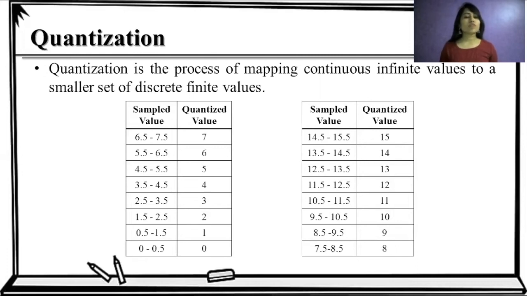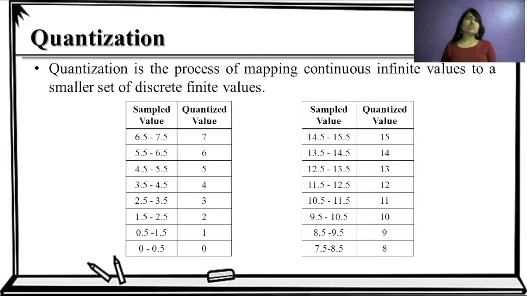So 0.5 to 1.5, any number in this range is equal to 1. For example, if we have a sampled value like 1.4, we consider 1.4 equivalent to 1, and so on. 1.5 to 2.5 we consider as 2, 2.5 to 3.5 we consider as 3, then 3.5 to 4.5 as 4, and so on.